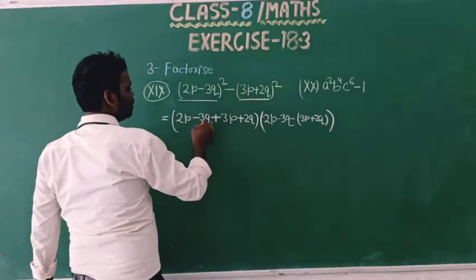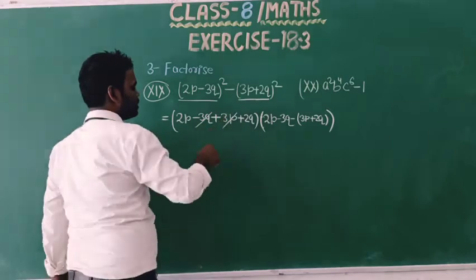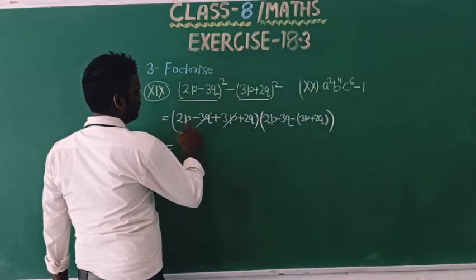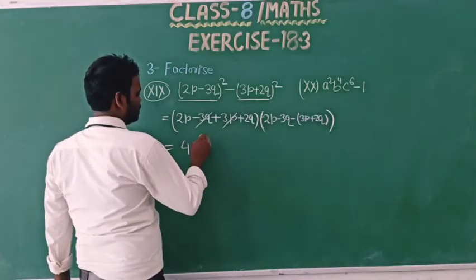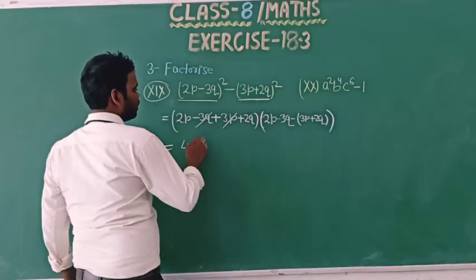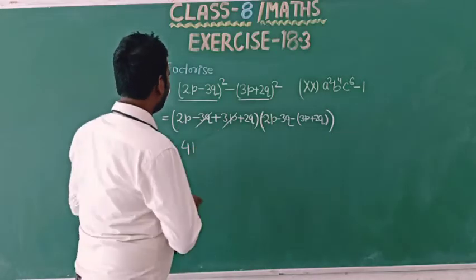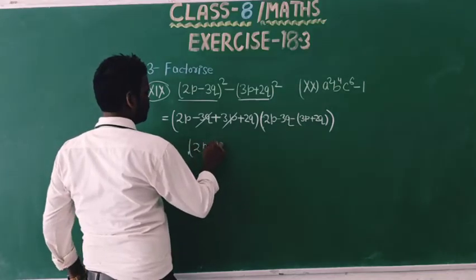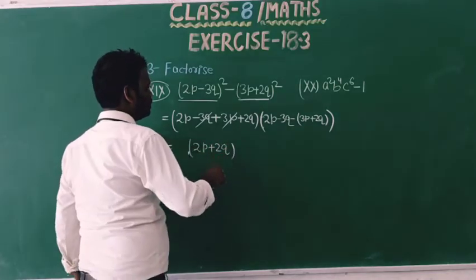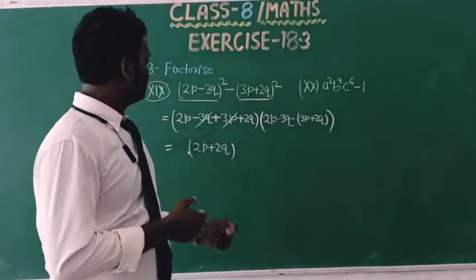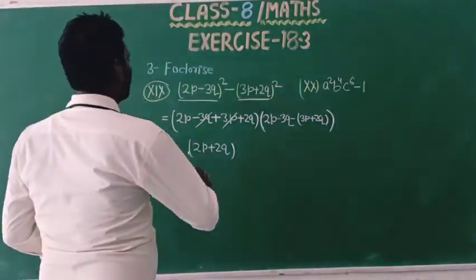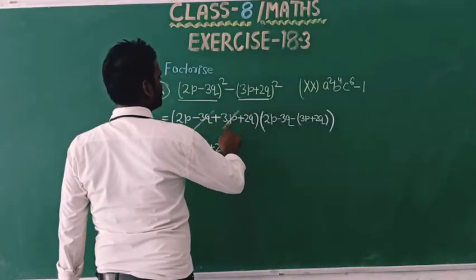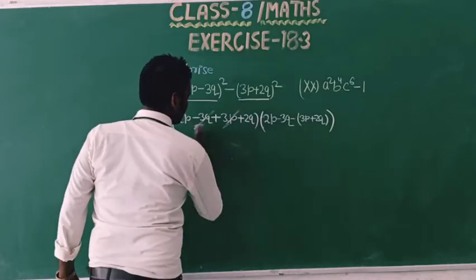So here minus 3q plus 3q cancel out. Now add 2p plus 2p, so this will be 4. Okay, this is 2p plus 2q, so this becomes 2p plus 2q. Okay, here this is minus 3q plus 3p. Okay, not cancel to each other.